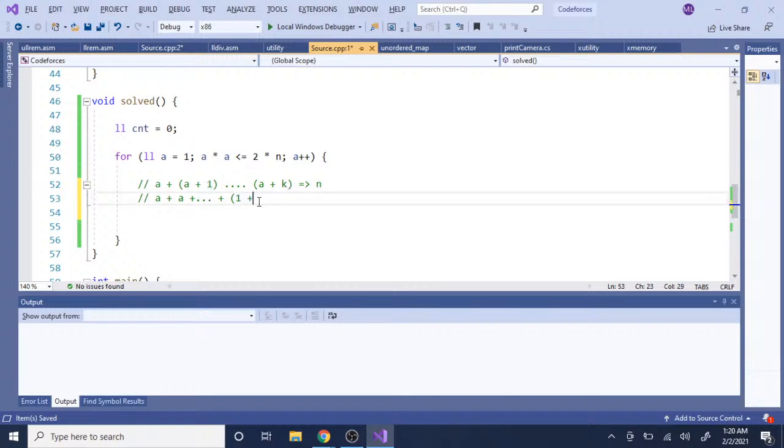I could just shift the 1 around, so that's the summation of 1 to k if you get rid of the parentheses. So a bunch of a's plus the summation 1 to k, which is k times k plus 1 over 2.